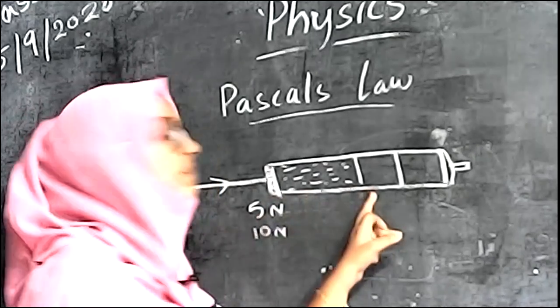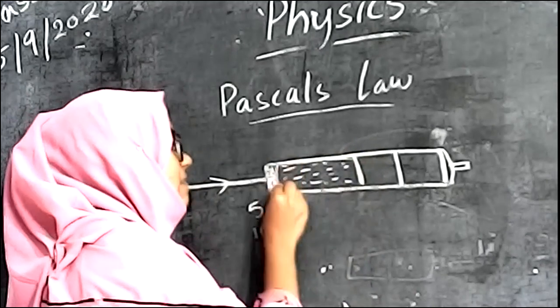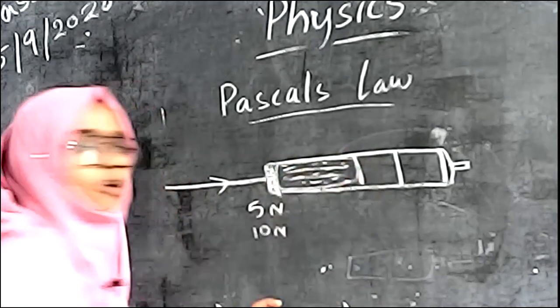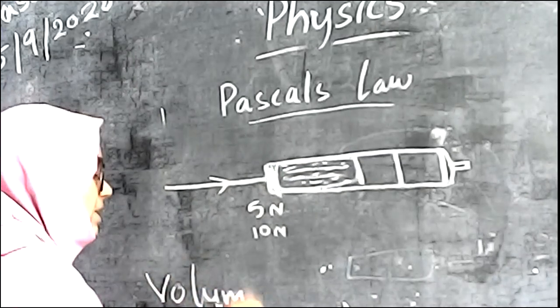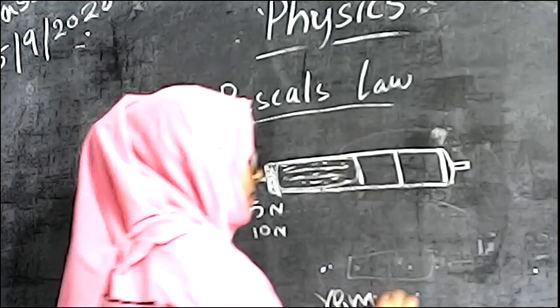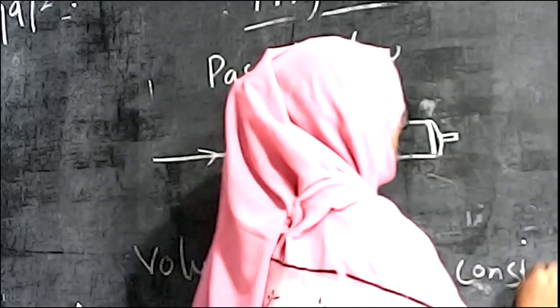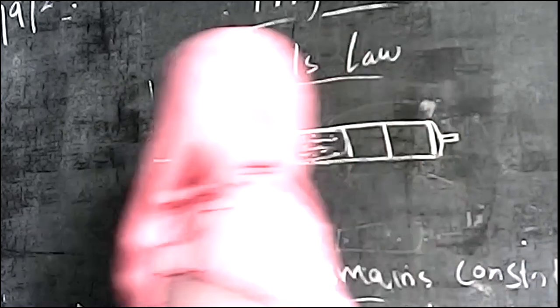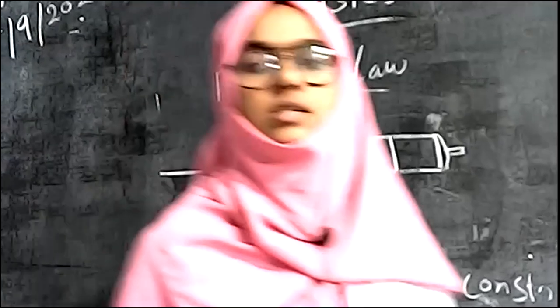The volume of the liquid does not change; it remains constant at the same level. So the volume of the liquid in a closed system remains constant when different pressures are applied to that closed system.